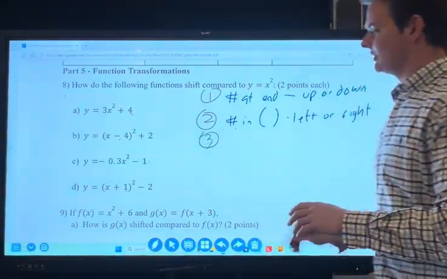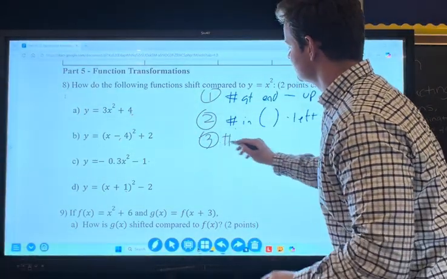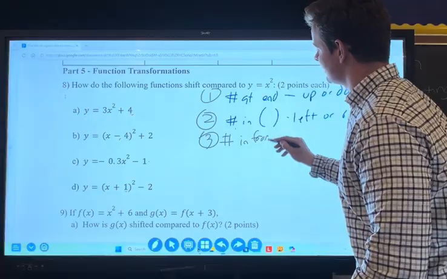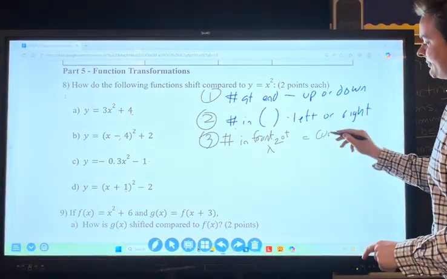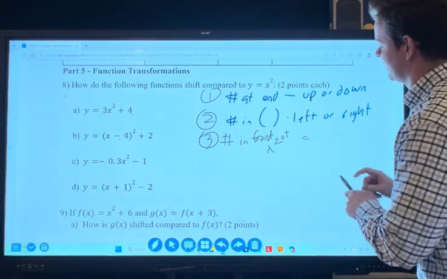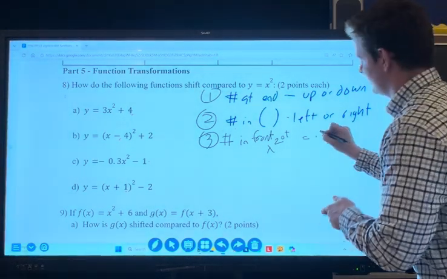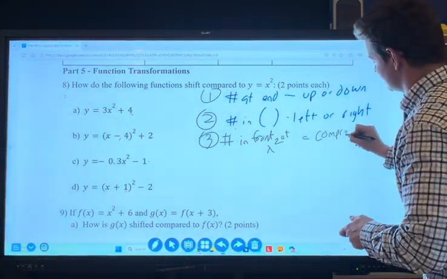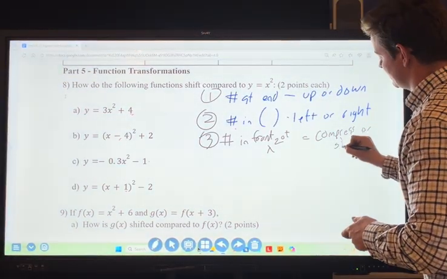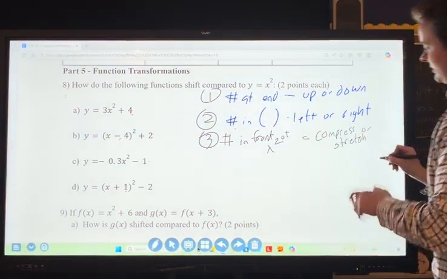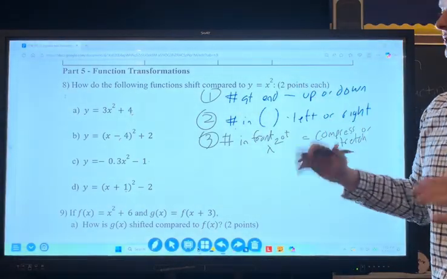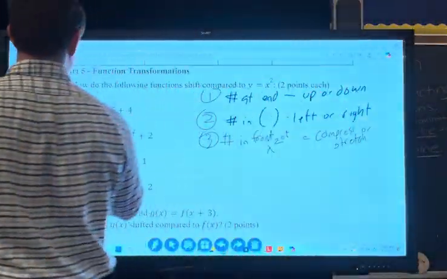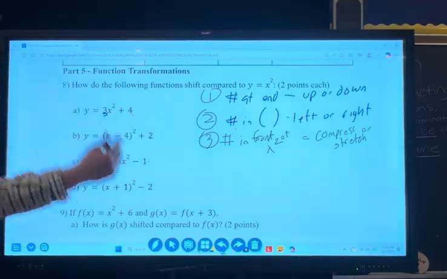Number 3, the number in front of x squared is compress or stretch. If it's bigger than 1, it compresses.